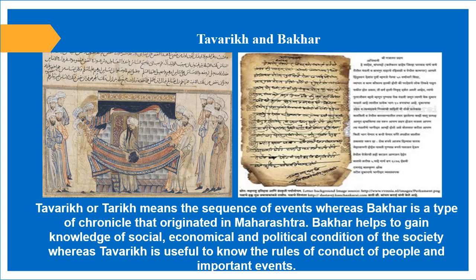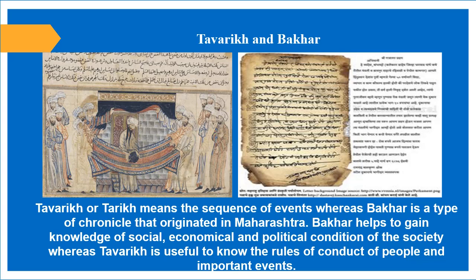Bakar helps to gain knowledge of social, economical, and political condition of the society, whereas Tawarik is useful to know the rules of conduct of people and important events. So Tawarik यानी सीक्वेंस ऑफ इवेंट्स, मतलब वो इवेंट्स कैसे सीक्वेंस में हुआ था, पहले क्या हुआ था, सेकंड क्या हुआ था, थर्ड क्या हुआ था, दैट इज नोन एज तवारीख और तारीख.